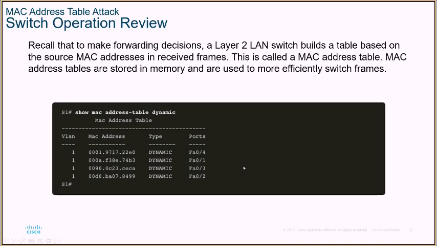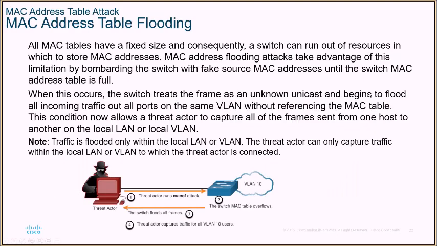As you can see here, we've got 4 entries in the MAC address table, and each of these entries is dynamic, so it's learnt through packets being moved, and you can see that it's recorded the source port that a packet with that source MAC address arrived on. That looks like a fairly standard MAC address table to me.